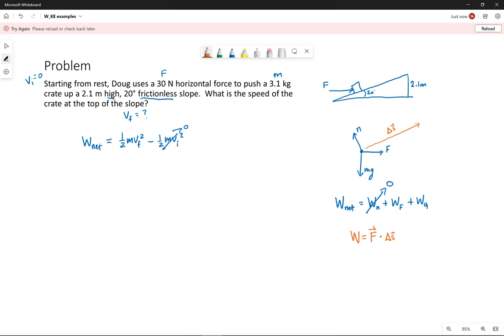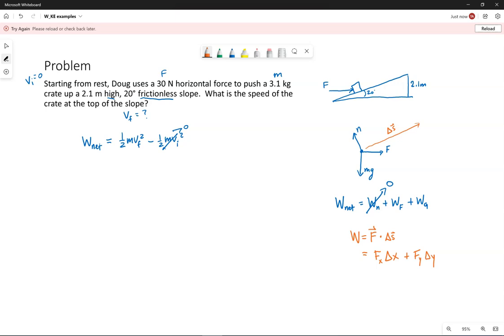But knowing that it's the components that are parallel to each other, I can say that it is the x component of the force times the x motion, the horizontal motion, plus the y component of the force times the y motion, and theoretically z as well, but we don't have any z directions going on here.